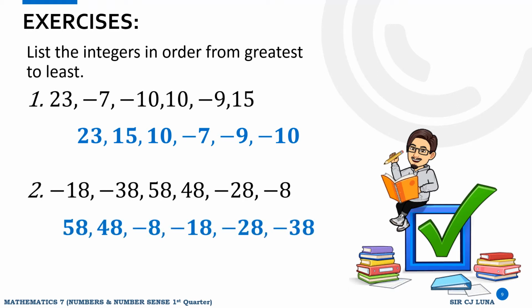So we have positive 58, positive 48, negative 8, negative 18, negative 28, and negative 38. Good job. So, ibig sabihin dito, sa number 2, ang ating pinakamataas or pinakamalaking integer ay positive 58, at ang pinakamababa naman ay negative 38. Okay? Gets po ba? That's nice.